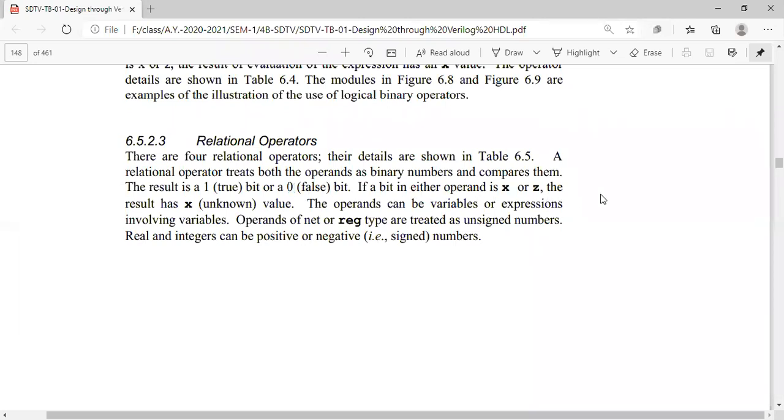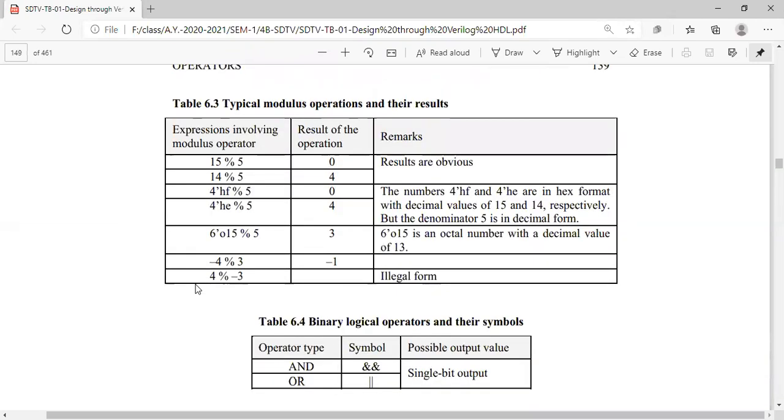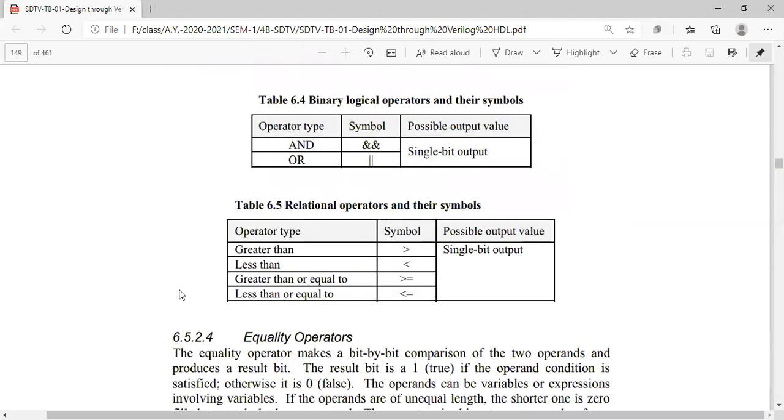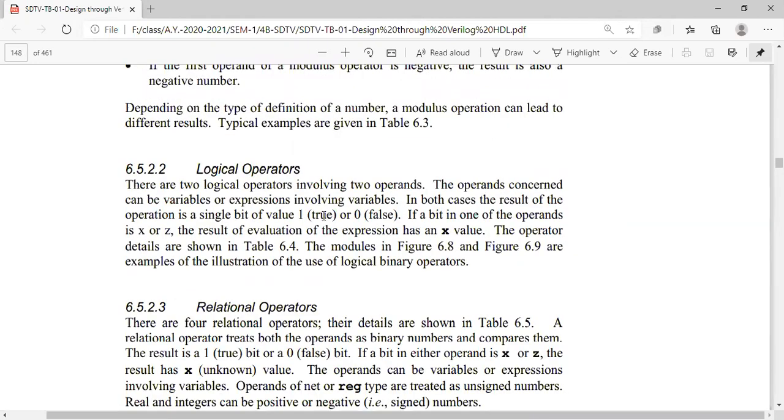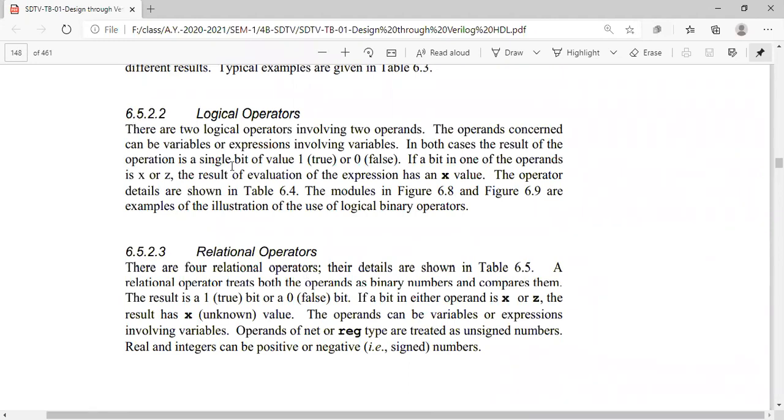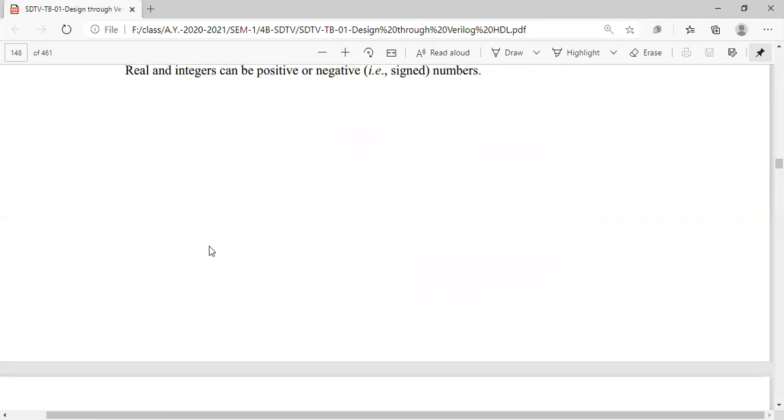If either of the operands has X or Z, automatically the result will be unknown, that is X. We will not be using Z in the output, right? So this was the logical operator. Now we have the relational operators. What are the relational operators?